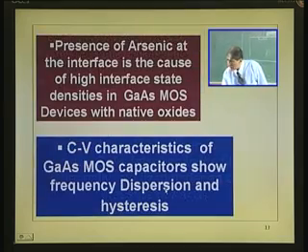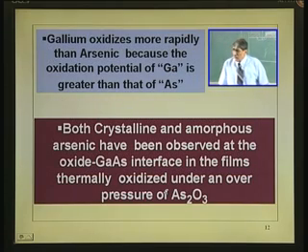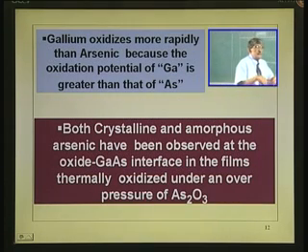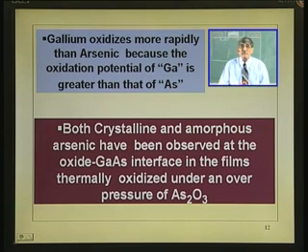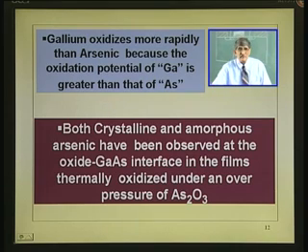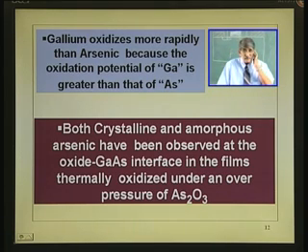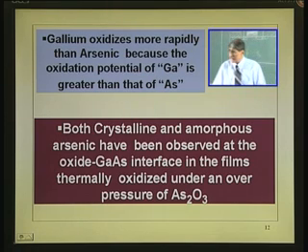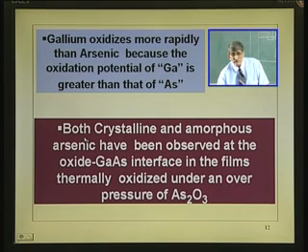Let me just go back to this one more. So, one problem is the loss of arsenic trioxide. Now, you will say, I will control that by doing the oxidation in arsenic vapor pressure or arsenic trioxide vapor pressure. Put it in a sealed tube, with arsenic trioxide at one end of the tube, and oxidize it. You do the oxidation, but when you examine that, what they have seen is that both crystalline and amorphous arsenic have been observed at the oxide gallium arsenide interface.